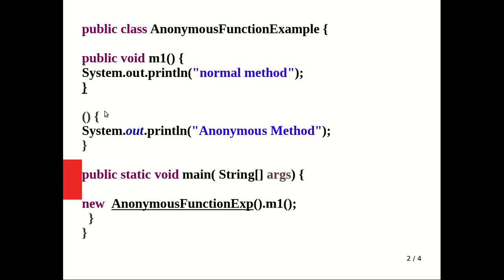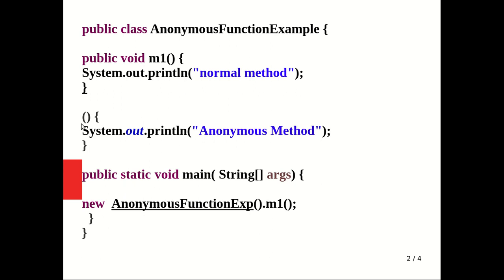The second method is an anonymous method because this method does not have any name, modifier, or return type. It contains only a body. In the same way we have a main method, and with the object of this class we are calling the m1 method. This is a very basic example of an anonymous method.